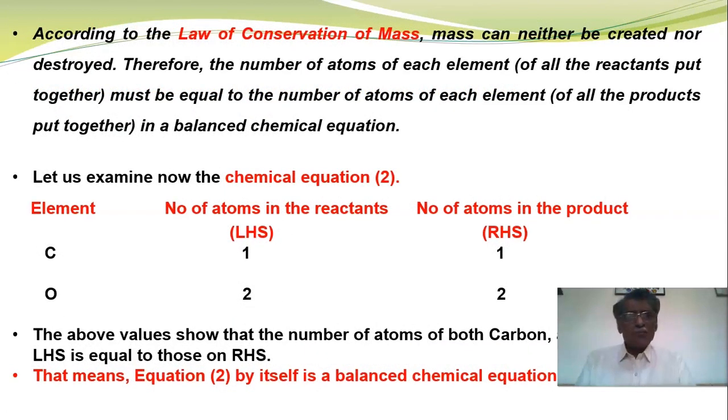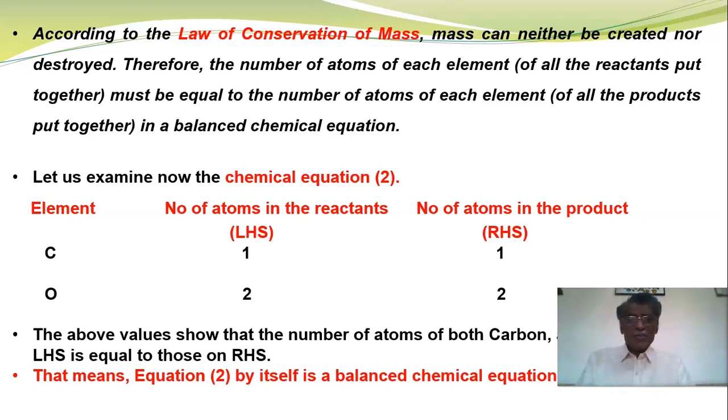According to the law of conservation of mass, mass can neither be created nor destroyed. Therefore, the number of atoms of each element of all the reactants put together must be equal to the number of atoms of each element of all the products put together in a balanced chemical equation.